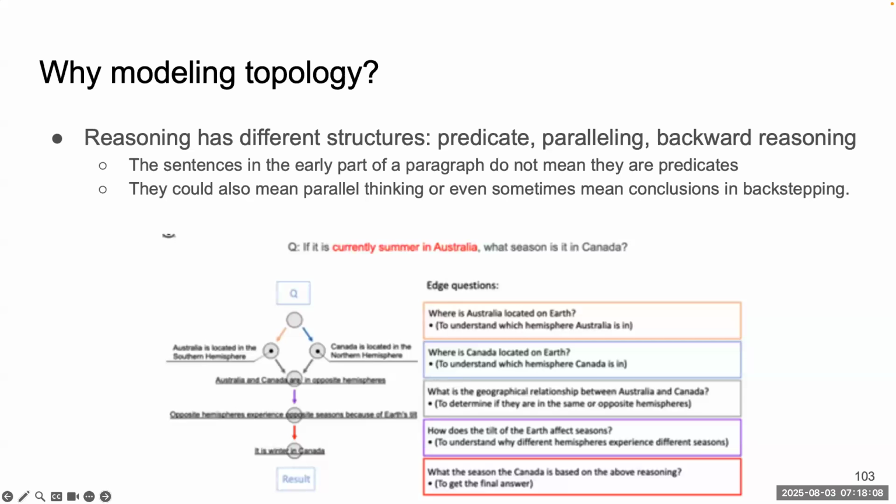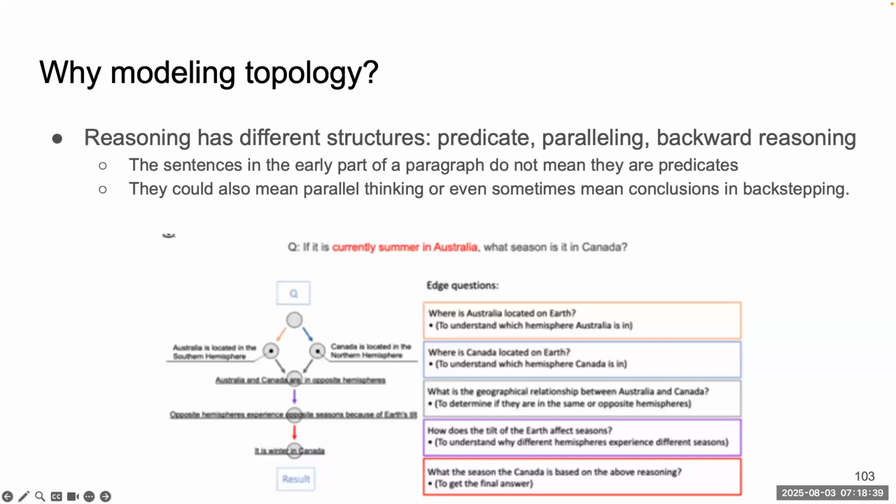So the sentences that appear earlier in the paragraph do not necessarily mean they are more important, right? If you use a graph structure to represent that, you can disentangle the locations of specific steps. This question could appear before this blue question or after this blue question, because they are parallel reasoning steps.